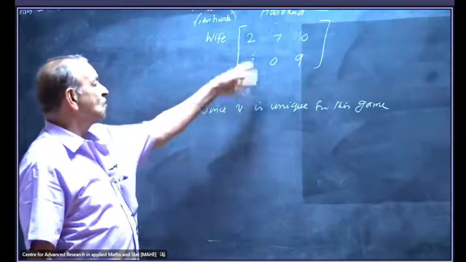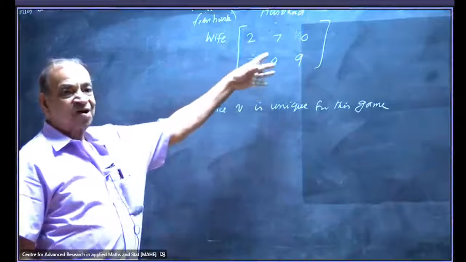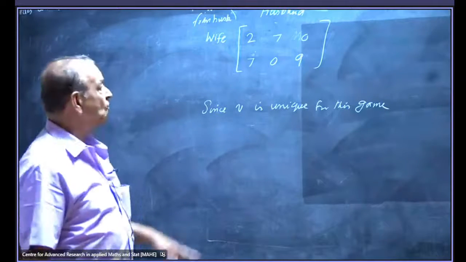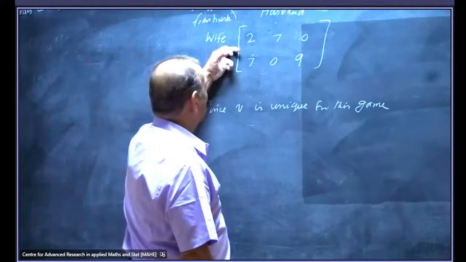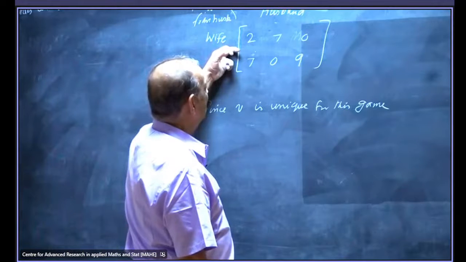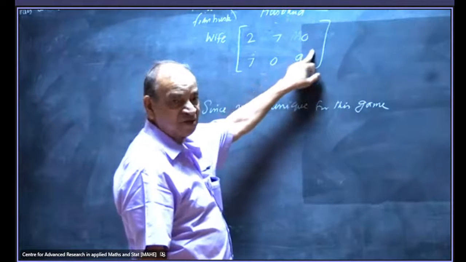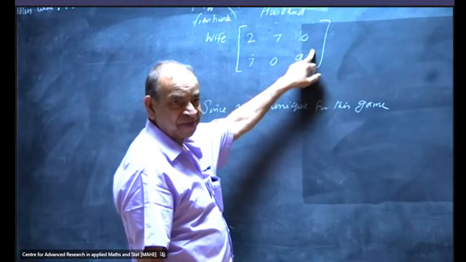Suppose the husband selects all the columns with equal chance. So if she chooses this row, the average income for her is 2 plus 7 plus 0 divided by 3, which is 3.